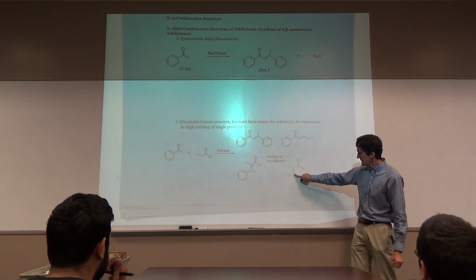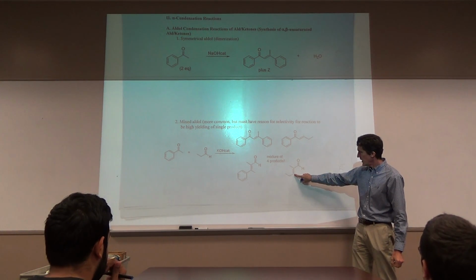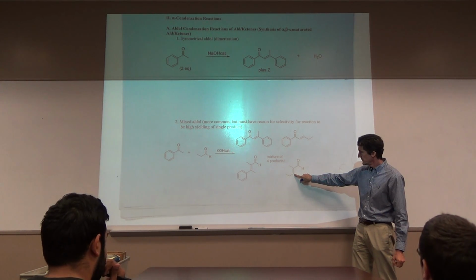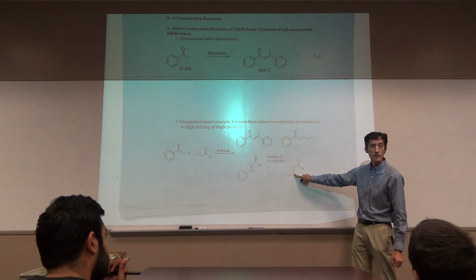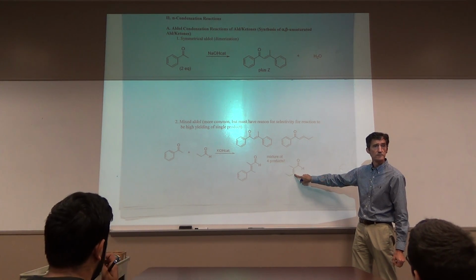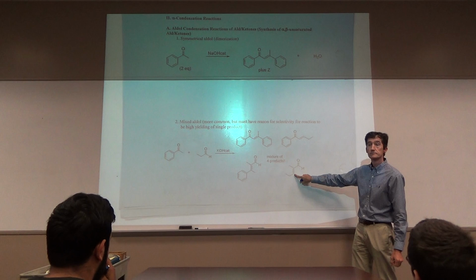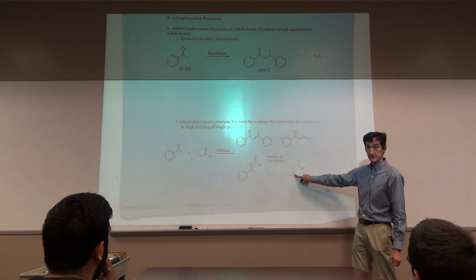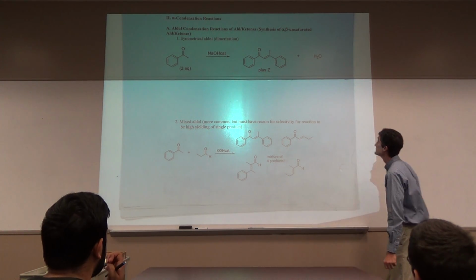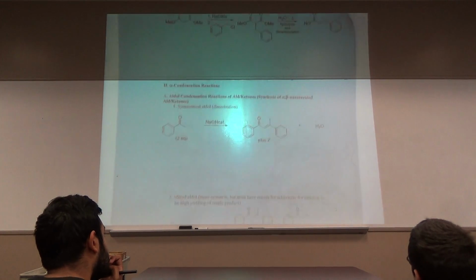But then this other carbon was what initially? An O. What was this other carbon of the alkene? That was the carbonyl that got attacked. Yeah. You can see that better back up here.